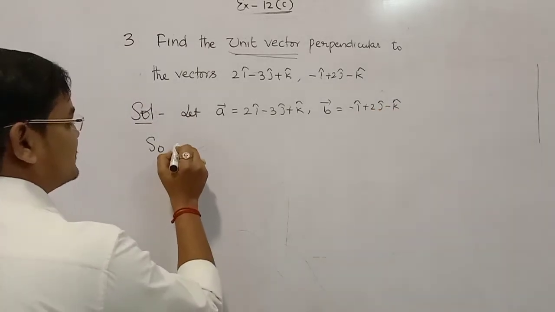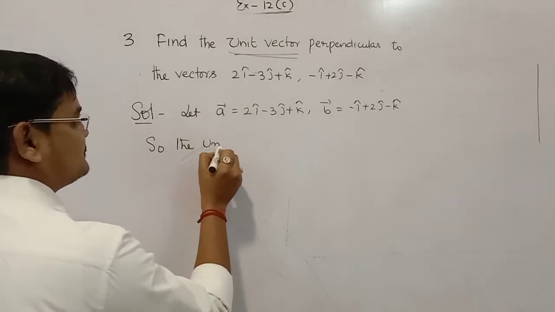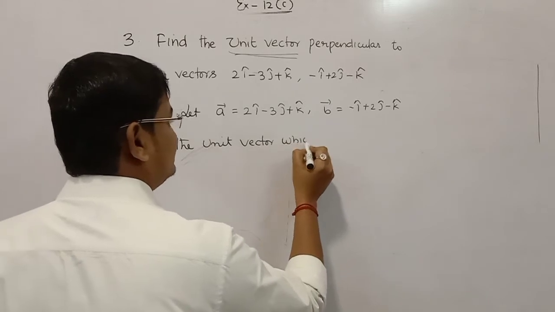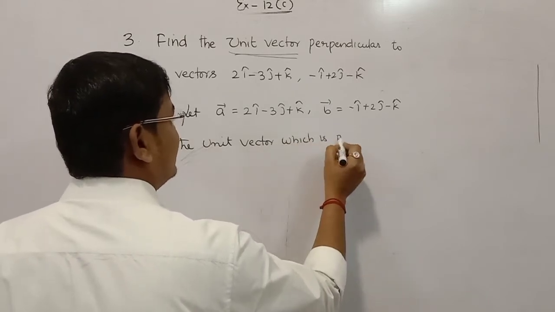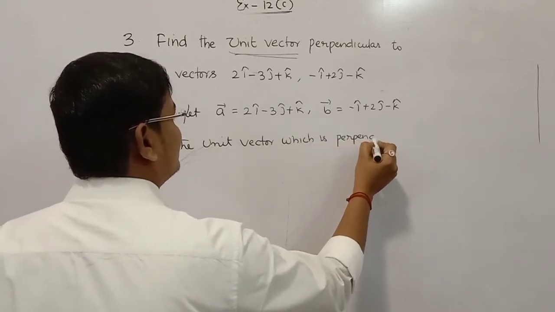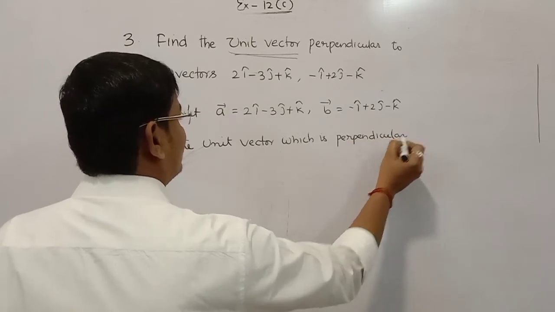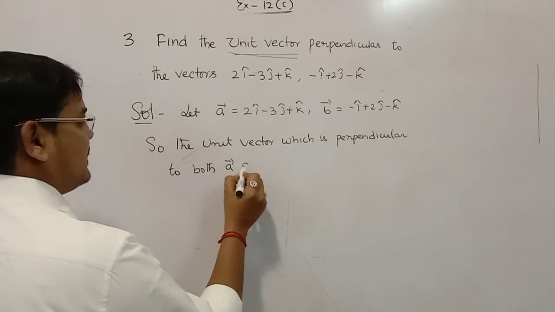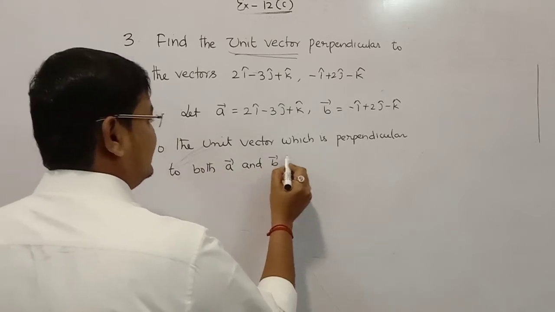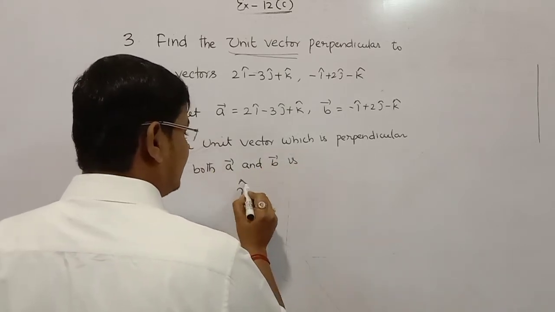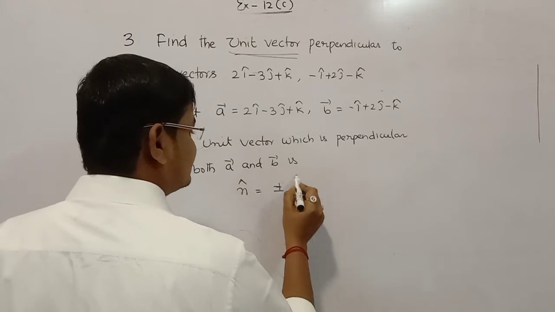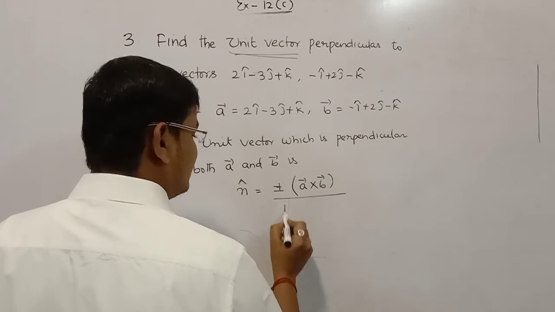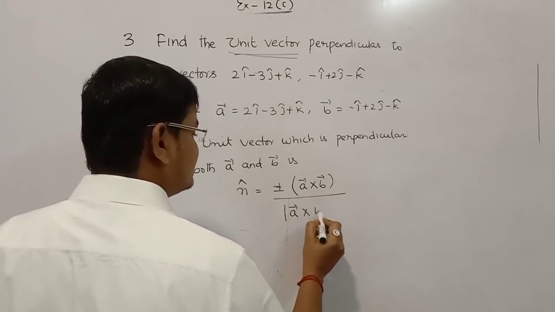So now write down the formula. The unit vector which is perpendicular to both A bar and B bar is n cap equal to plus or minus A bar cross B bar by magnitude of A bar cross B bar.